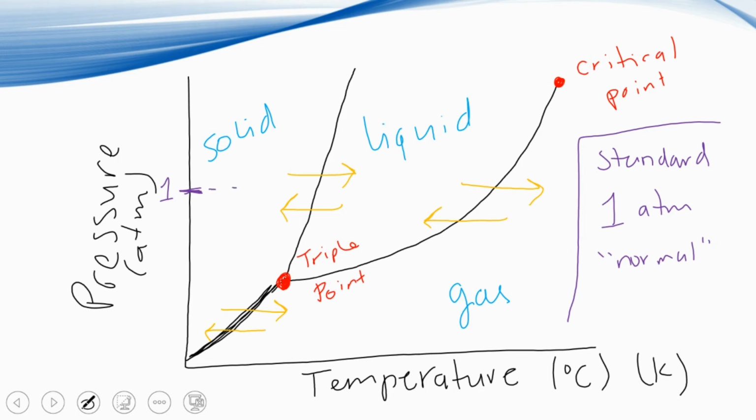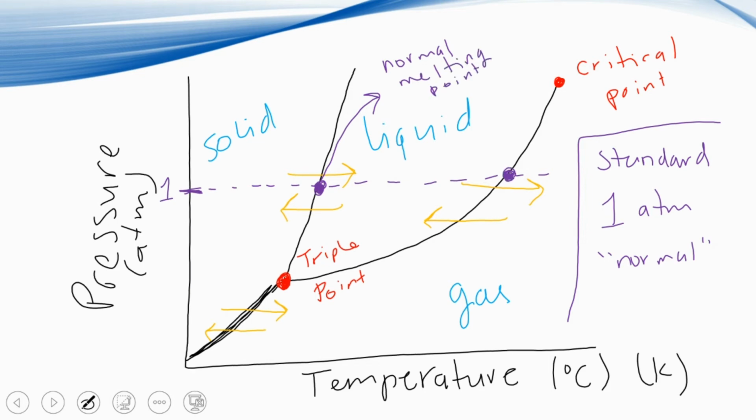So wherever your phase diagram intersects that line, and I know my video here is not going to be perfect, but try and draw it as straight as possible, wherever that 1 atmosphere, the standard, meets the line of equilibrium between solid and liquid, that point right there we call the normal melting / freezing point. So I'm just going to write melting point.